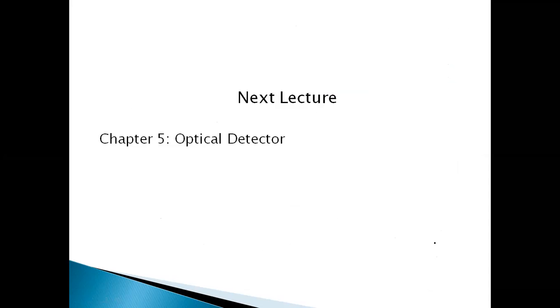We also covered the characteristics of the LED and the laser diode, and the power coupling from both the LED and the laser diode to the optical fiber. These are the things that we have learned in chapter 4.